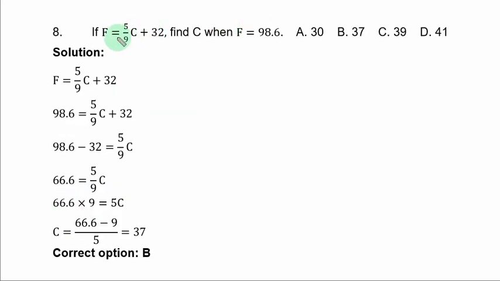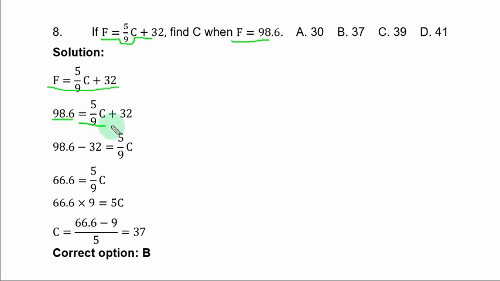Question 8. If F equal to 5 over 9 C plus 32, find C when F is equal to 98.6. So this is a given equation or expression. F is 98.6.